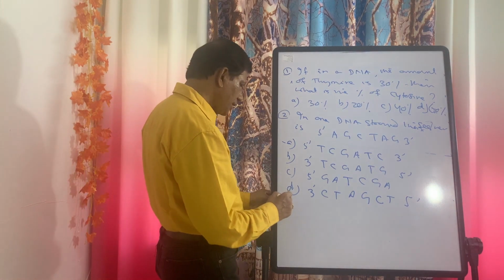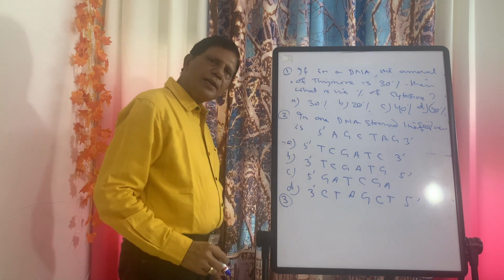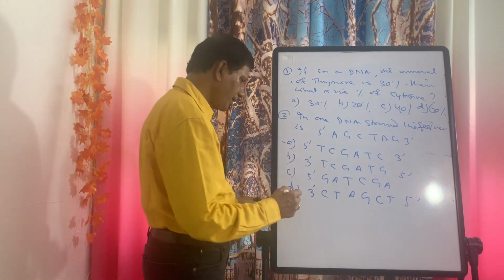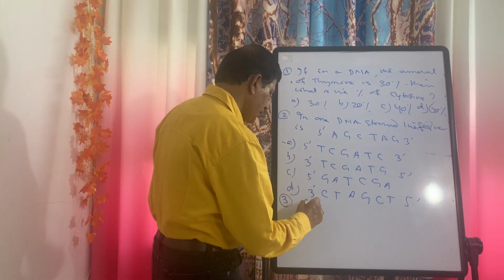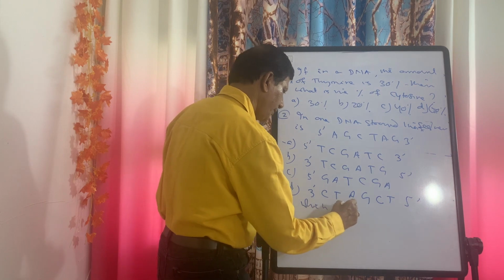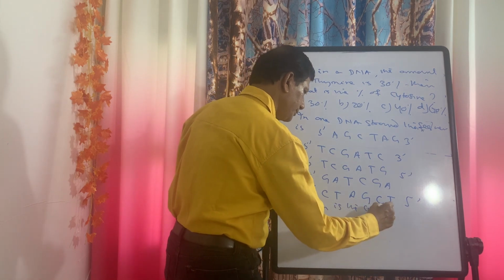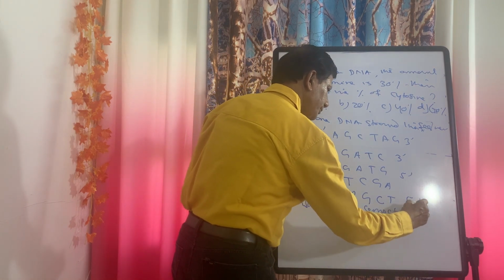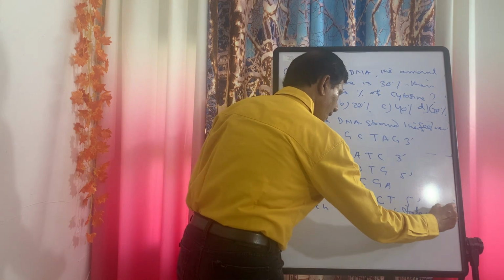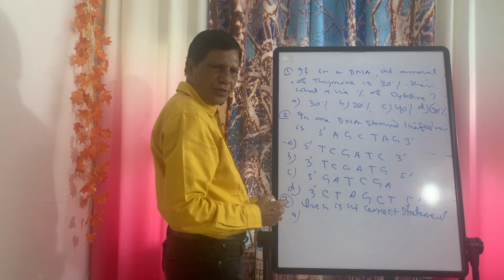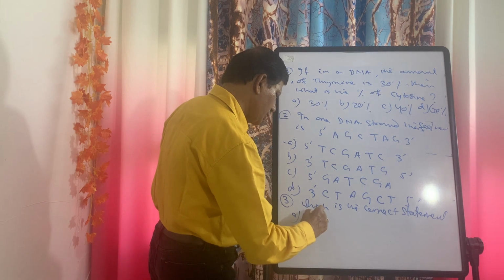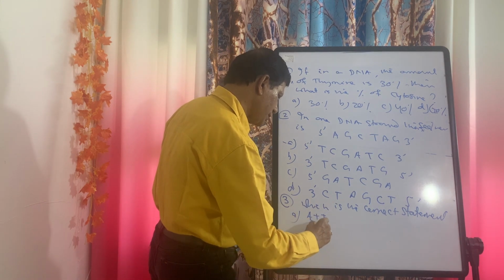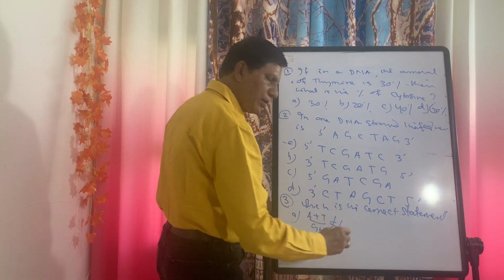The third question is again very, very important. Which is the correct statement? A choice, A plus T divided by G plus C is not equal to 1.